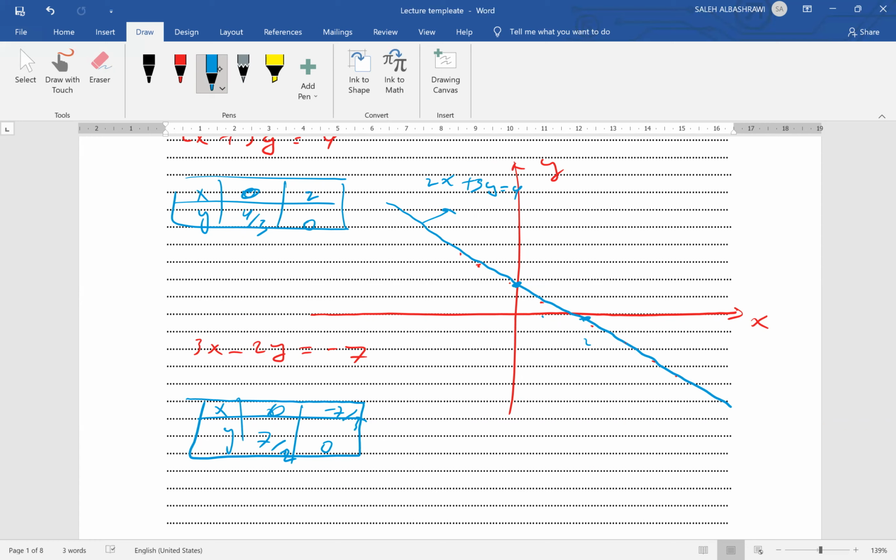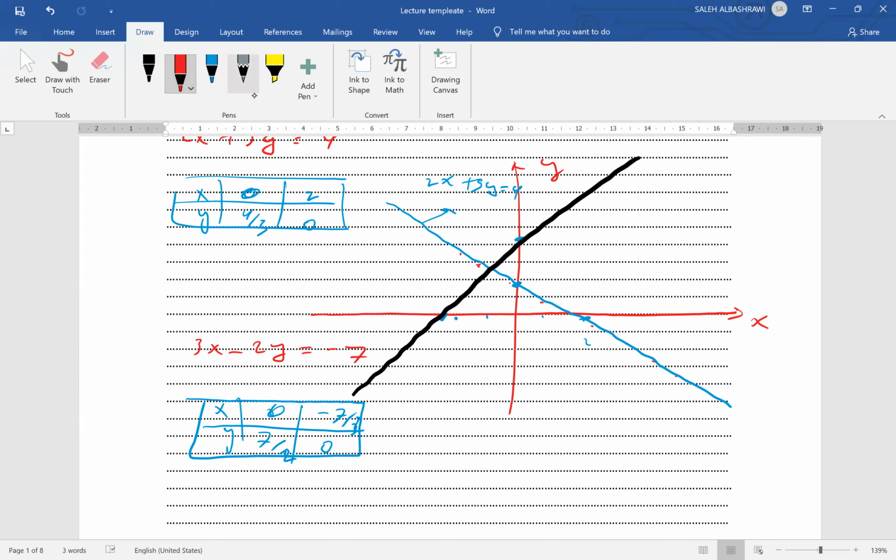So I have 2 points, 0 and 7 over 2, which is about 3.5, and the second one is minus 7 over 3, which is about minus 2 point something. If we connect the 2 points, I will have a line.